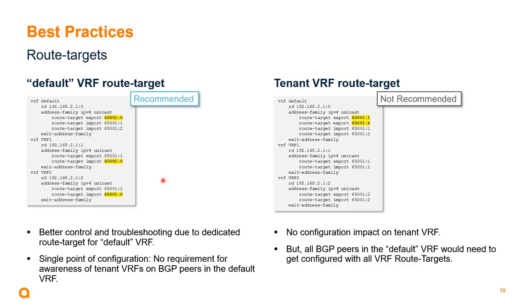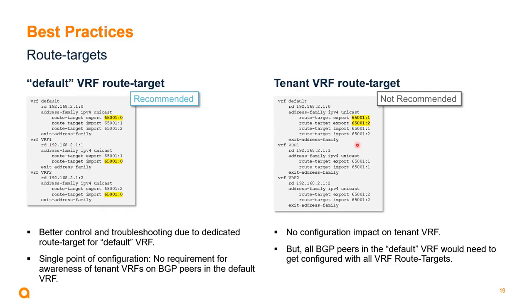You have a single point of configuration, so there is no requirement for any awareness of tenant VRFs on BGP peers that would be neighbors of that switch for the default VRF. There is absolutely no need for that BGP peer to know about VRF1 and VRF2.